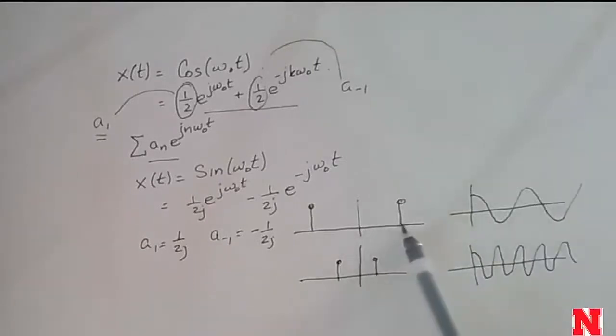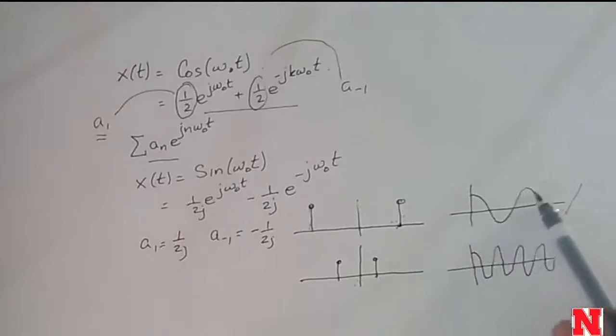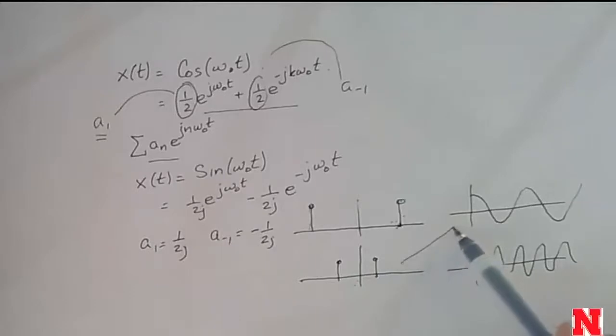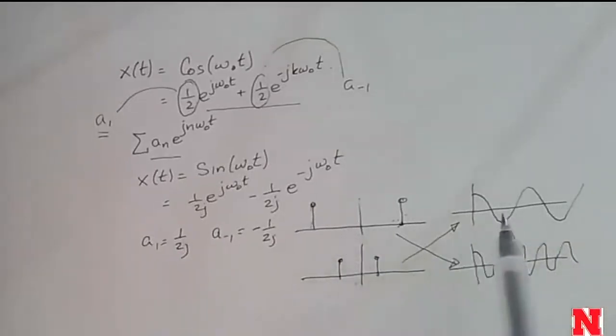You should be able to look at this and say, well, these are both some kind of sinusoids, but this is at a higher frequency, and this is at a lower frequency. Lower frequency means slow change, and this one is changing slower than this one. So these coefficients belong to this function of time, and these coefficients belong to this function of time. You should be able to look at this and this and understand what they represent.